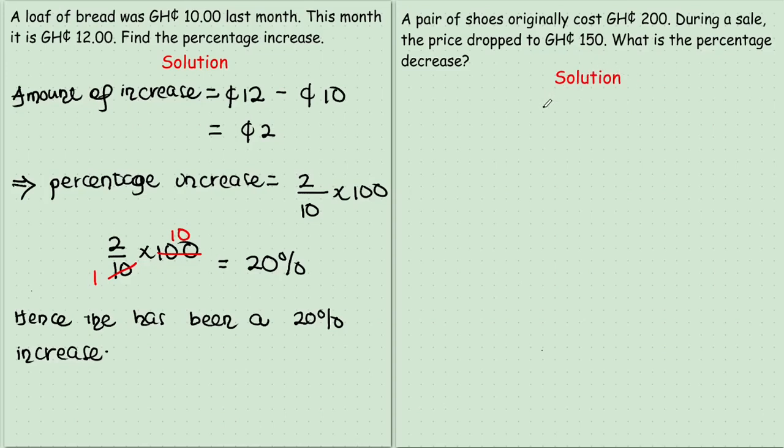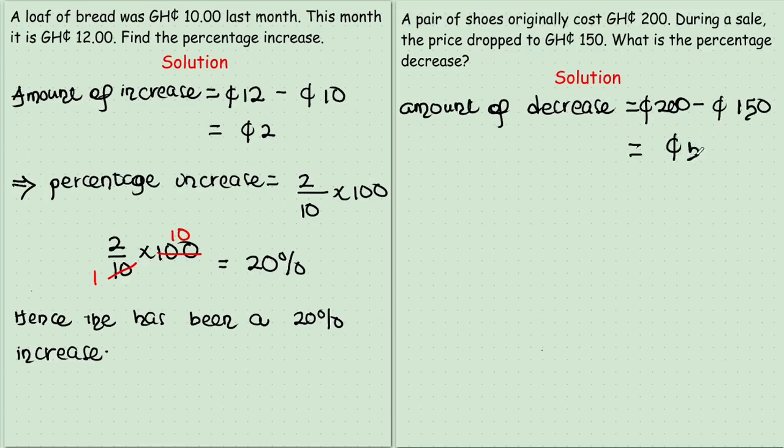Just as we did for the increase, we need to first of all find the amount of what? Decrease. So in this case, our amount of decrease is going to be what? The original cost, which is 200, minus this new price, which is 150. Solving that gives us a 50.